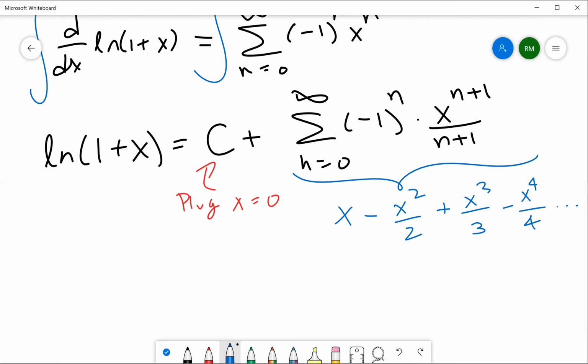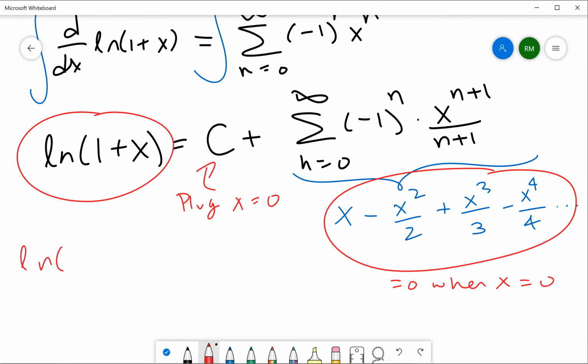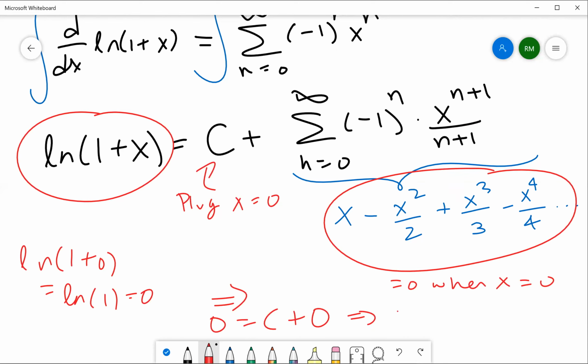So when I plug in 0 on the right-hand side, this whole part equals 0 when x is 0. And this piece right here, well, the natural log of 1 plus 0 is the natural log of 1, which is 0. So left-hand side 0, the right-hand side is c plus 0. So this tells us that 0 is c plus 0, which implies c is 0.